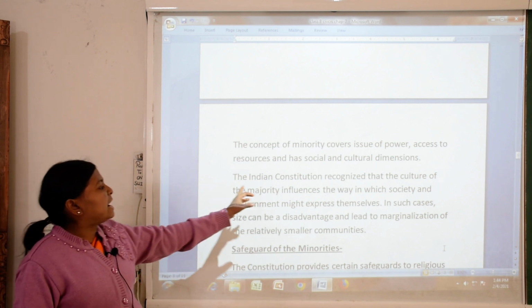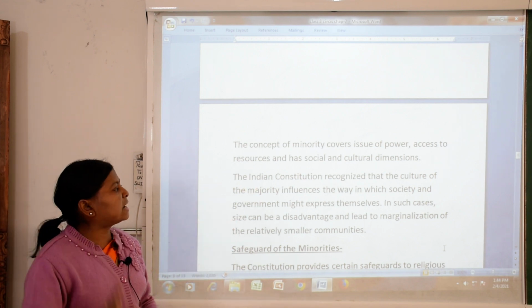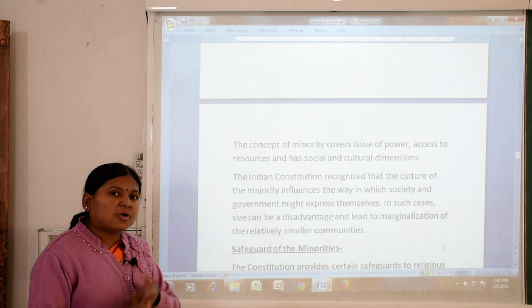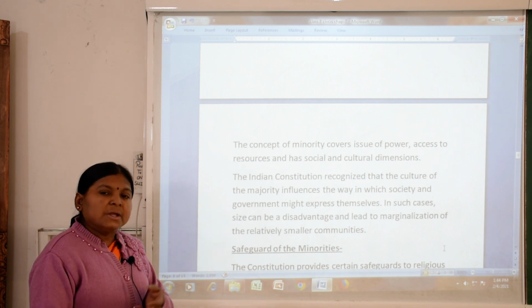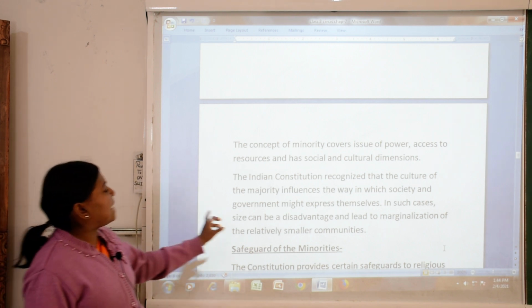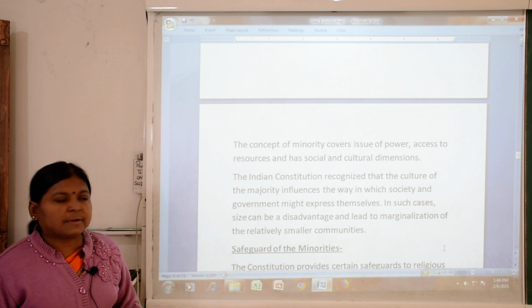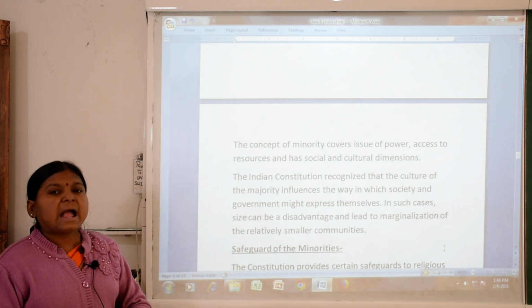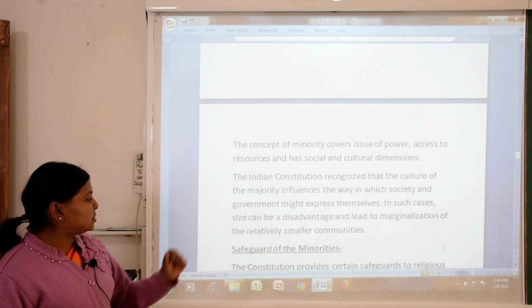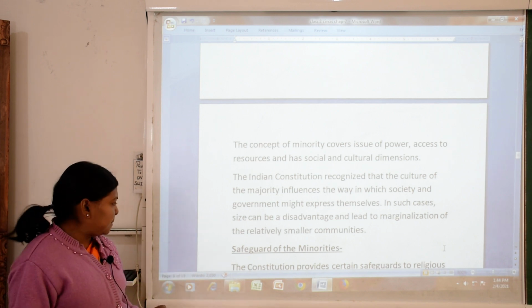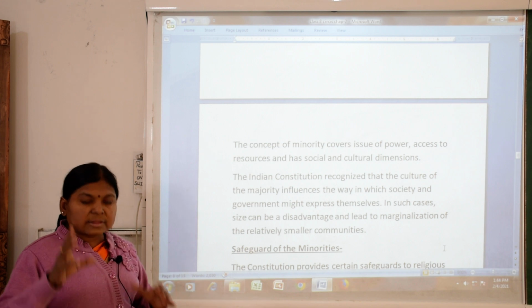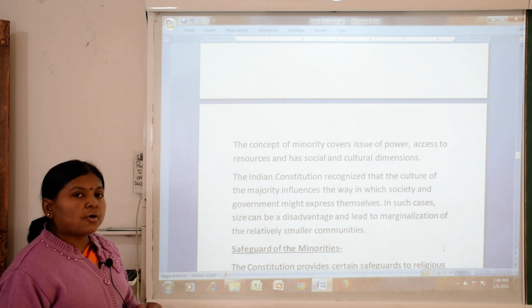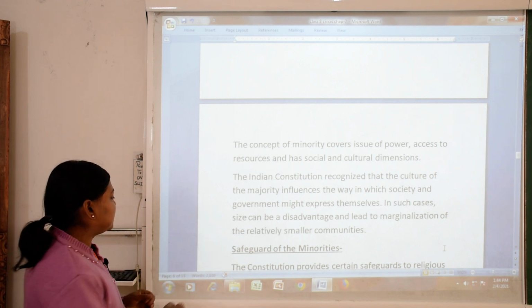You see, the Indian Constitution recognizes that the culture of the majority influences the way in which society and the government might express themselves. In such cases, size can be a disadvantage and it can lead to marginalization of relatively smaller communities. So what safeguards are given to these minority groups by the Constitution? See this.